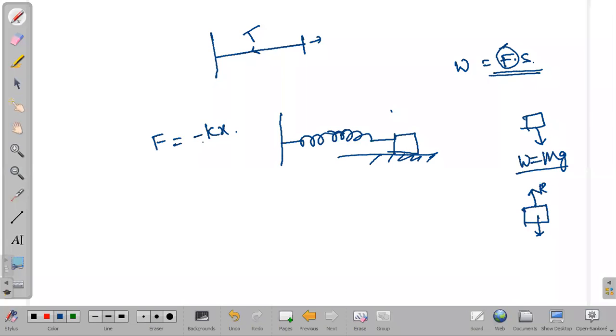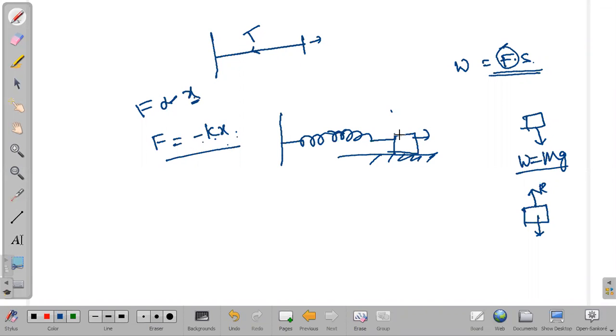The force present inside the spring is directly proportional to kx, that is, to how much we displaced it. If we remove the proportionality, we get some constant k. As it is opposite in direction to the applied force, I kept a minus sign here. So F equals minus kx is the force present inside the spring, since F is directly proportional to the displacement.